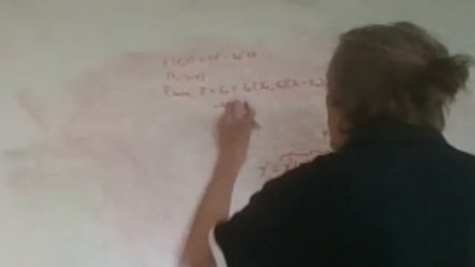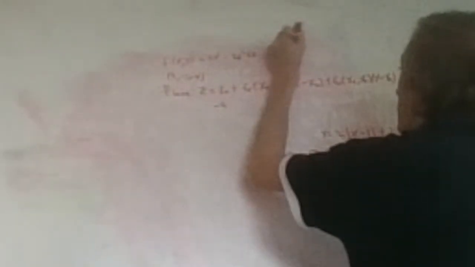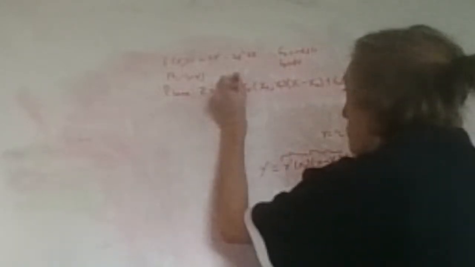So then this is -4. Let's find f sub x. f sub x is going to be equal to -4x plus 1. f sub y is 4y. -4 plus f sub x of 2, -1.